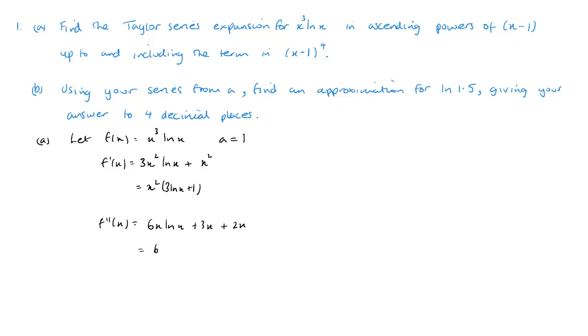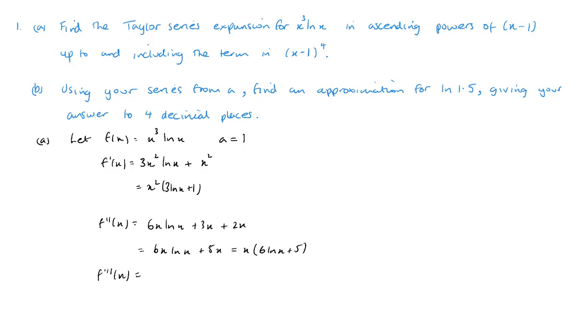So I've got 6x ln x plus 5x. I could factorize the x out, so I've got x times (6 ln x plus 5).